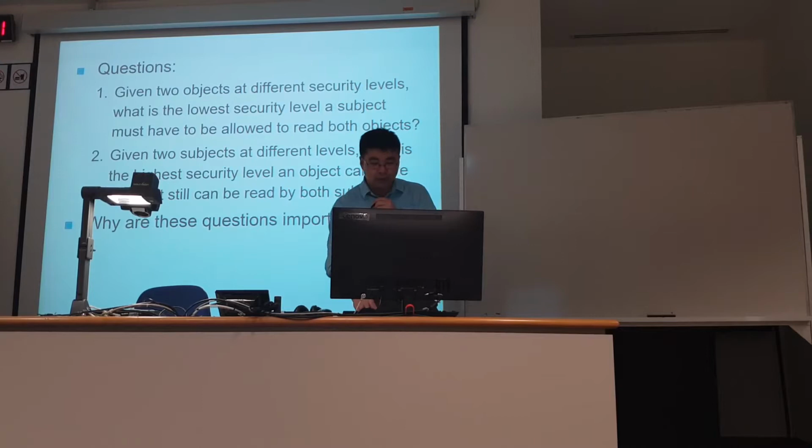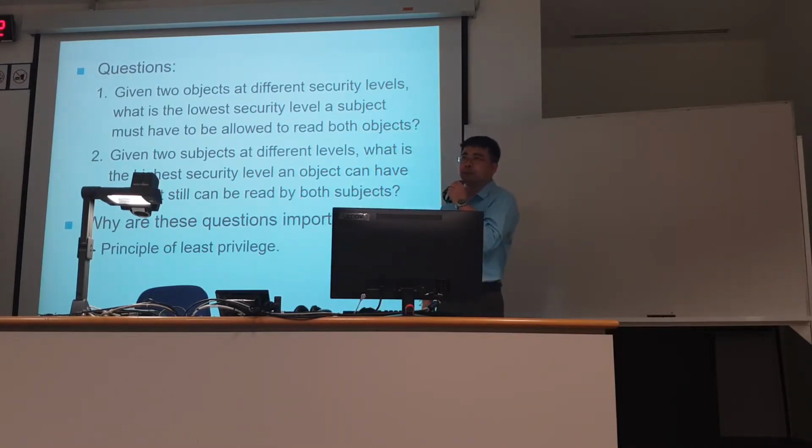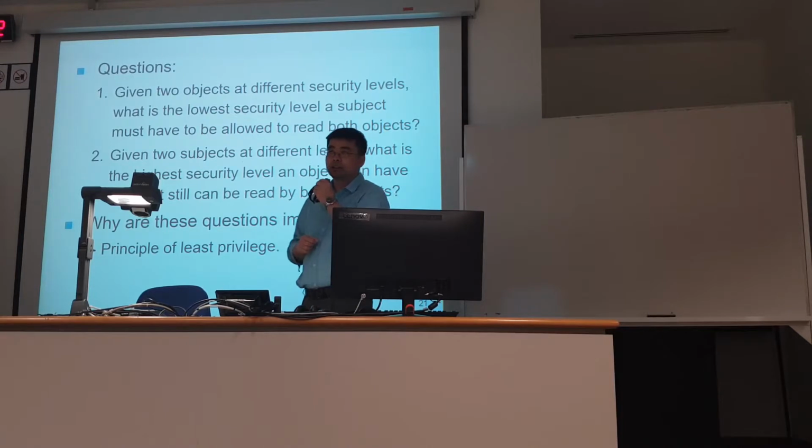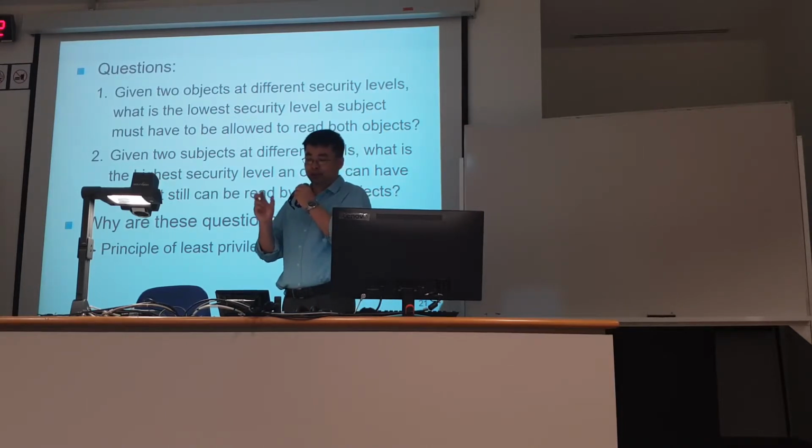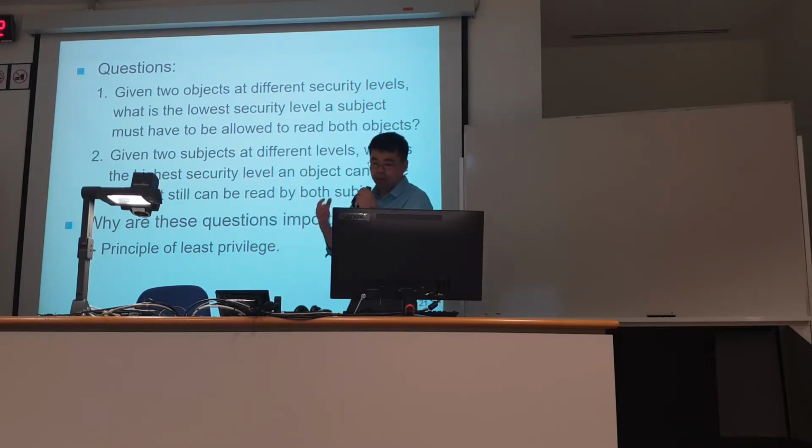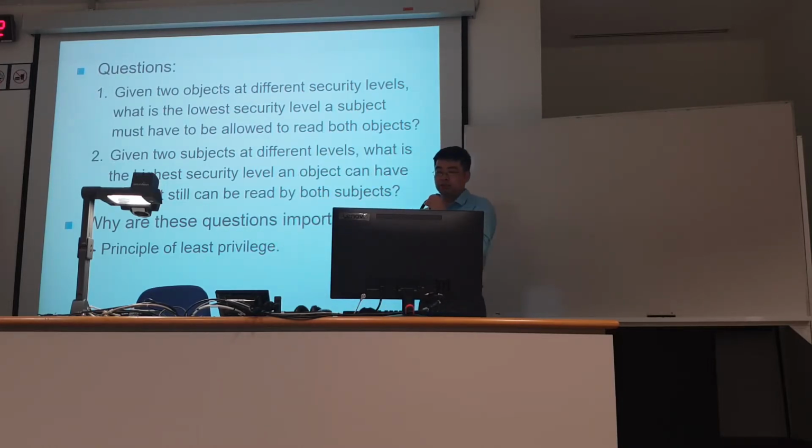Because they are related to another very important principle in security, which is the principle of least privilege. What does this principle mean? It means when we assign permissions to users, we only assign the least privilege that allows the user to finish the task. That essentially means that we don't assign additional or extra privilege beyond what is required to complete the task.